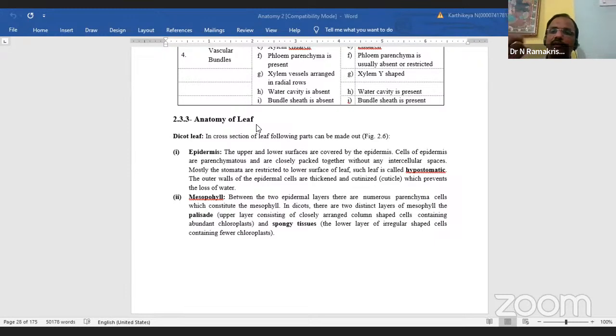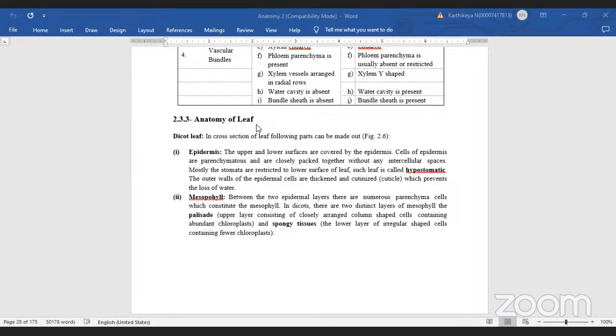The second is isobilateral, which means both sides are the same, as in the eucalyptus plant. We cannot identify which is the dorsal side and which is the ventral side in isobilateral leaves. And the third is the round leaf. So there are 3 types of leaves.